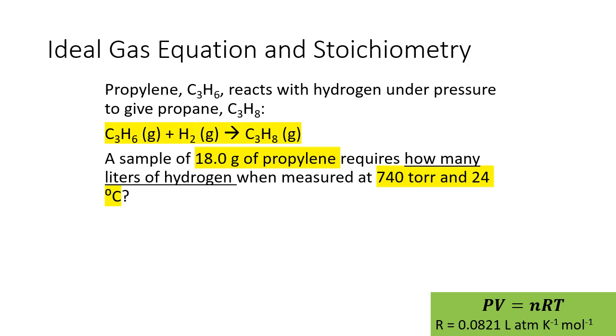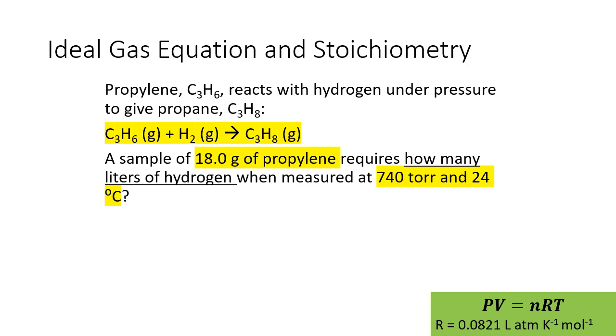Using our awesome observational skills, we note that we have pressure in torr, but our ideal gas constant is in atmospheres. We have temperature in Celsius, but we need it in Kelvin for all gas laws. And we have been given a mass of propylene and asked about a volume of hydrogen gas. So we have to do some stoichiometry. I like to start by getting the stoichiometry portion complete.